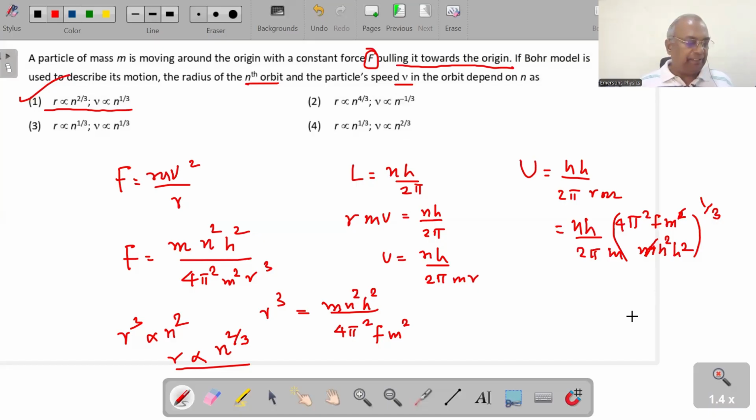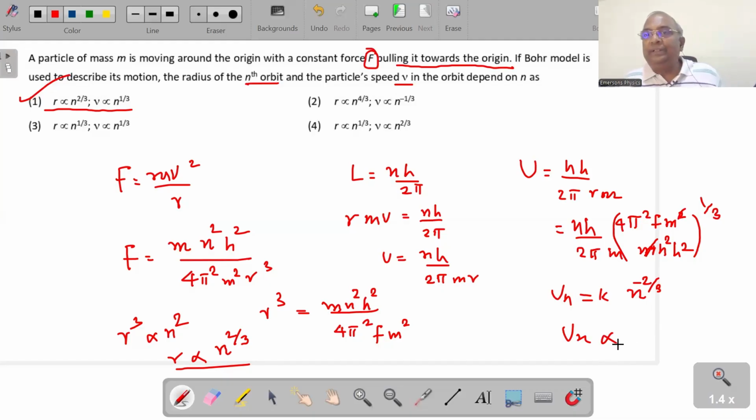To the power of 1 by 3. So taking vn out, here n is in the denominator, constant into n to the power of... n squared is there, and when n squared is in the denominator and comes up it is n to the power of minus 2 by 3. So velocity is directly proportional to, oh, there is an n.